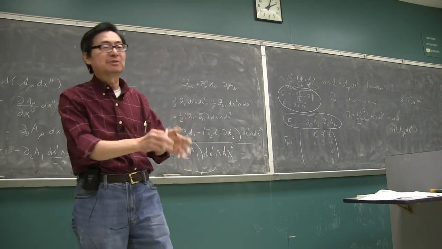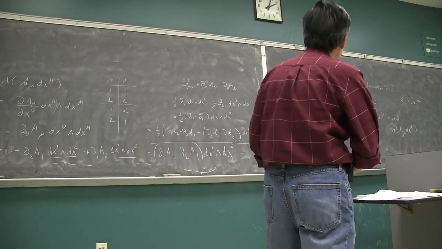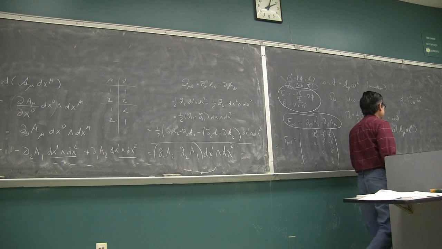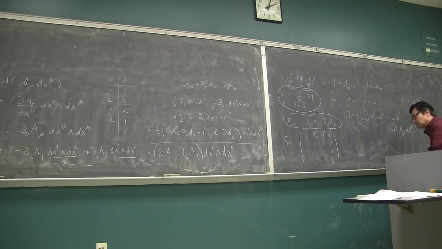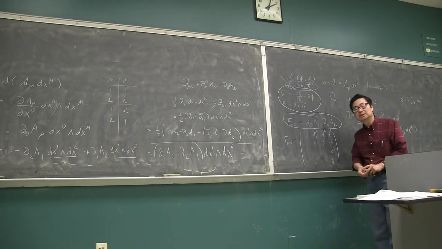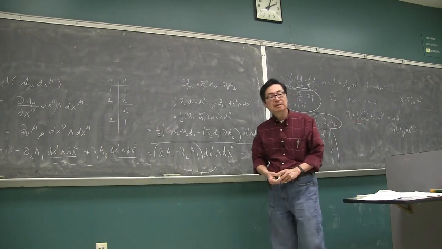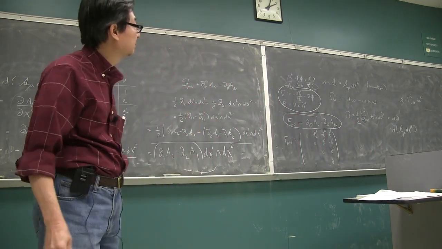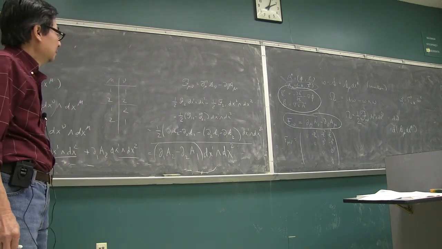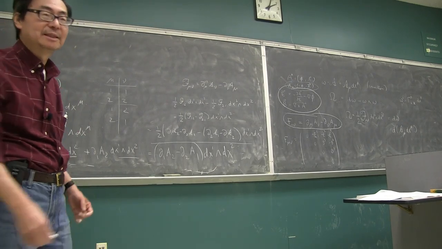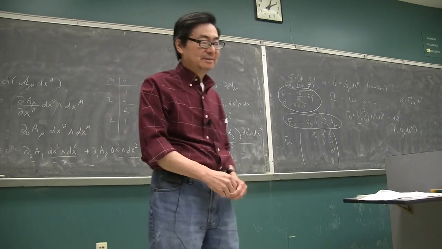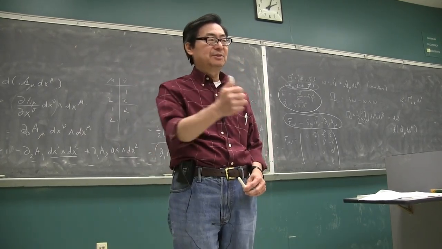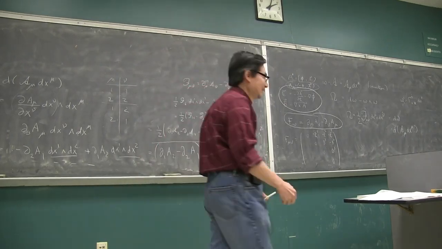There are many other instances, including non-abelian gauge theories, including general relativity, Riemannian geometry, where this kind of relationship holds up. All right, let's take a break here. So the connection is the gauge field, and the curvature is the force.